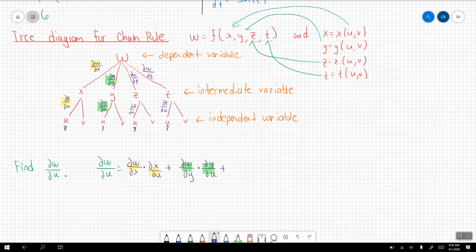Next one, plus third branch, the partial of w with respect to z multiplied by the partial of z with respect to u. And again, that one came from that third branch. Last branch, the partial of w with respect to t multiplied by the partial of t with respect to u.